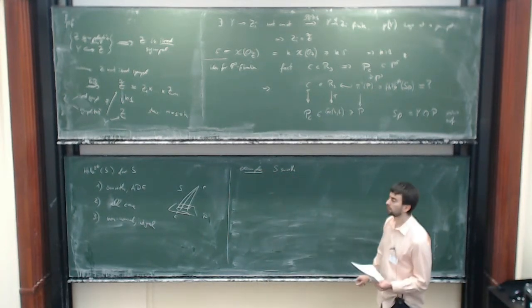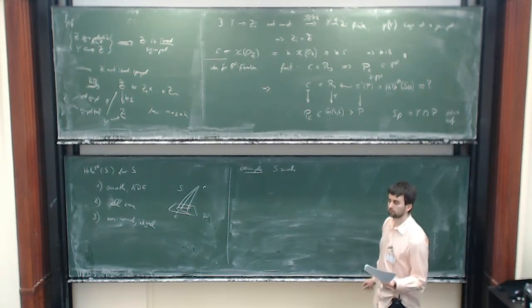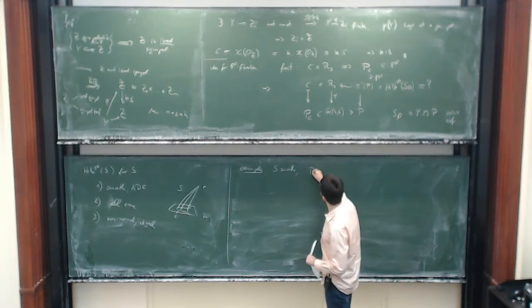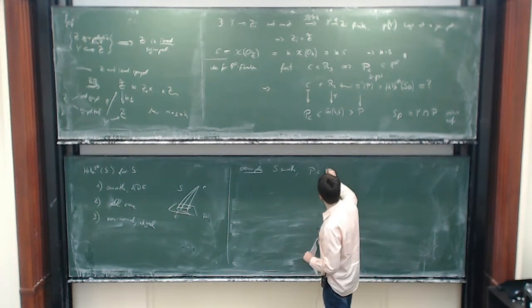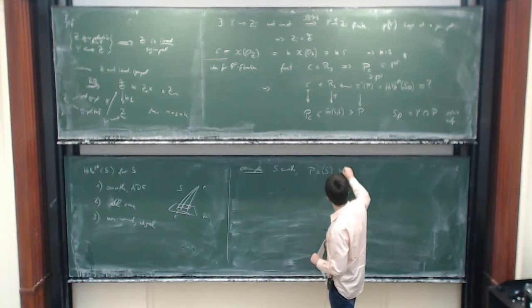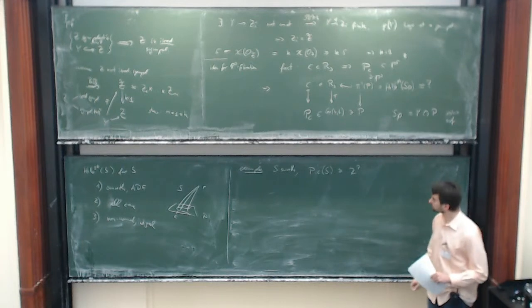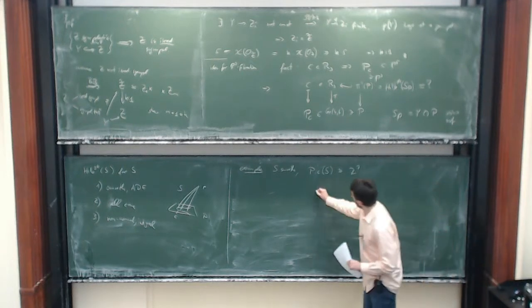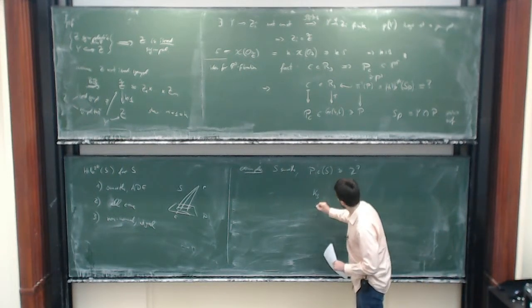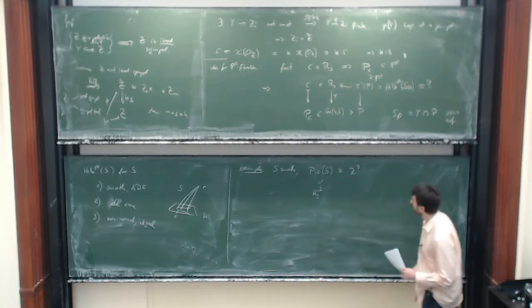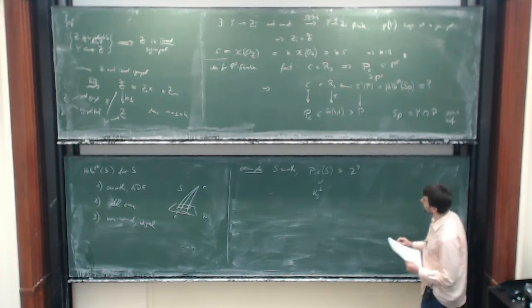For smooth cubic surfaces, you know that the Pic of S is isomorphic to Z^7. Look at the canonical divisor inside here. Take its orthogonal with respect to the intersection form.